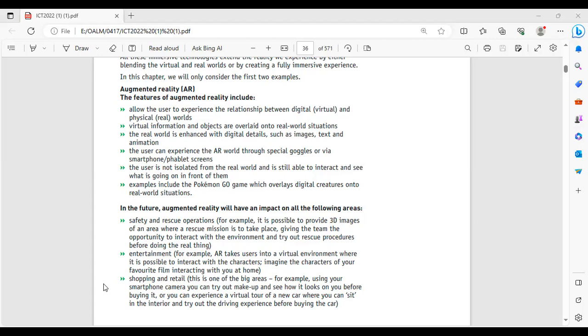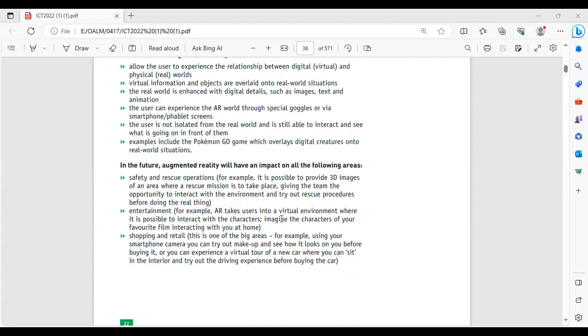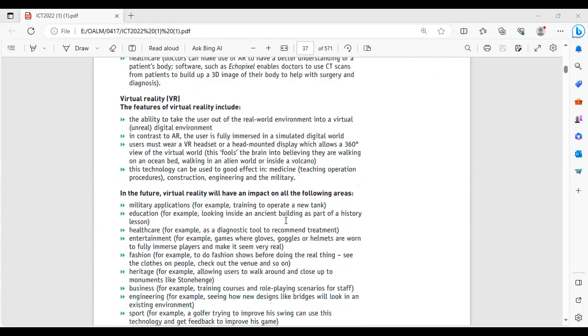Good. Shumail, do you have any idea about virtual reality? Yes, sir. You must have seen that, no? Virtual reality is where we experience realistic things, but with technology.